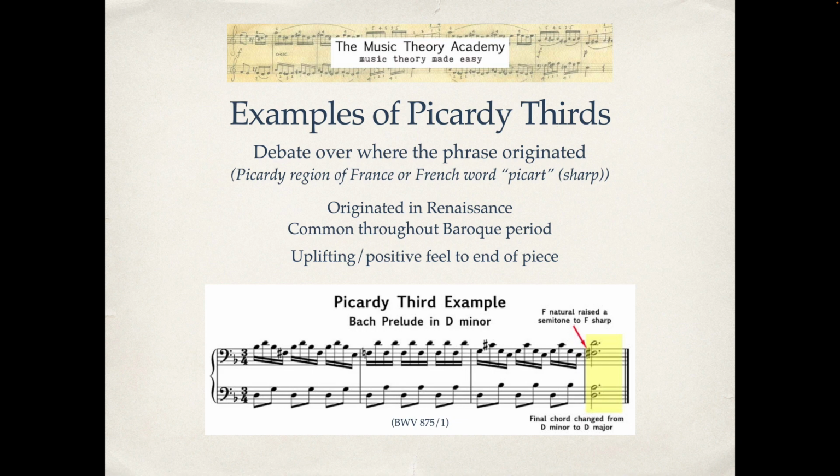You think he's going to just play the D minor, then he's going to play this altered A7 chord, and then he's going to go back to the D minor, but he doesn't. He goes back and puts that F sharp to give it that slightly positive feel at the end.